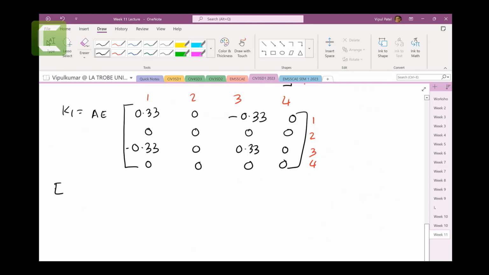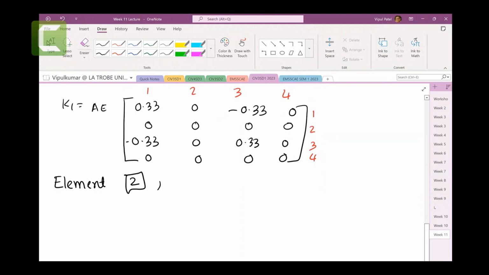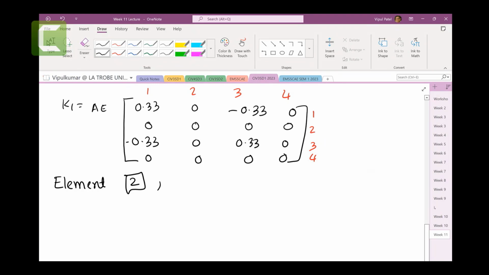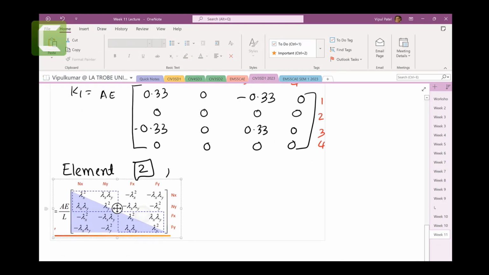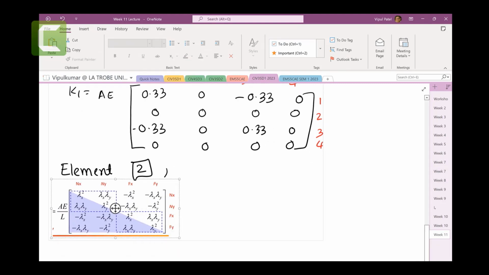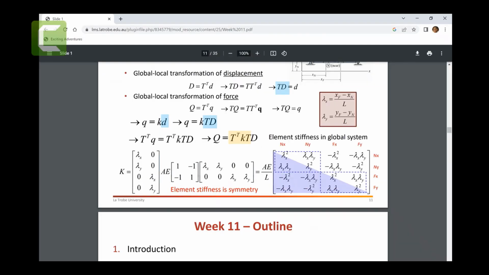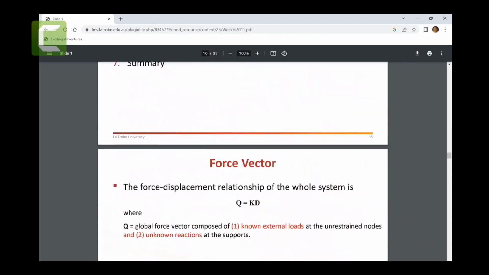Now we're going to do element number 2. Same procedure, by the way. Element number 2. Let me get that figures. Let me copy this one first because we're going to need it, these ones. And paste. Now element number 2. We're going to copy this.